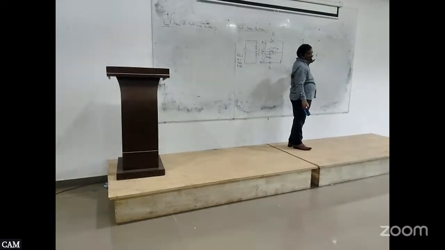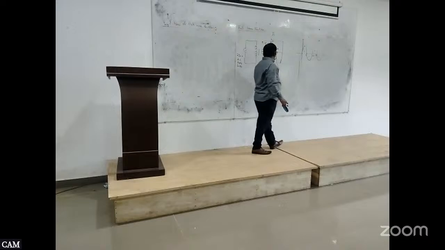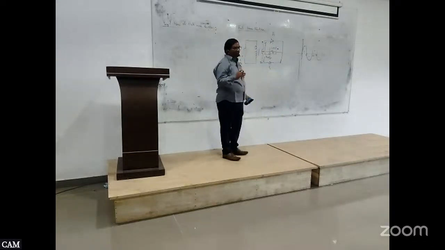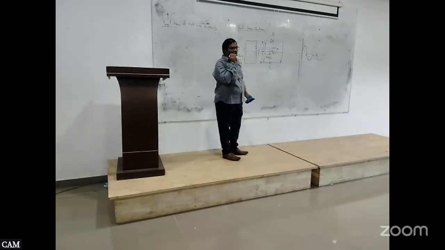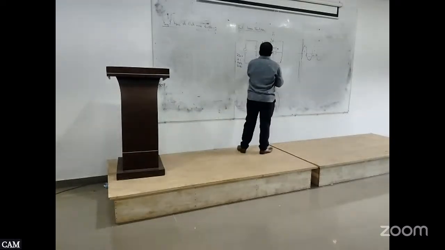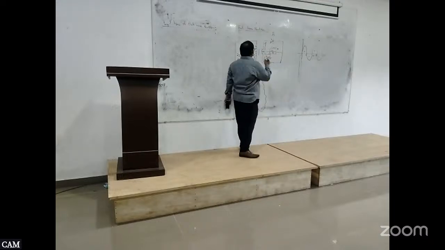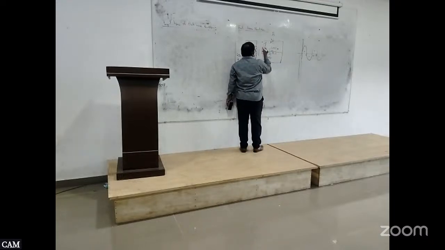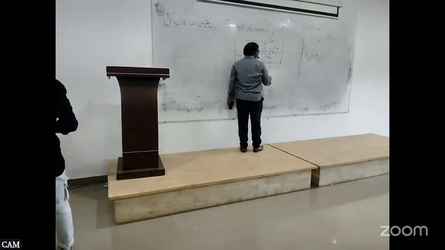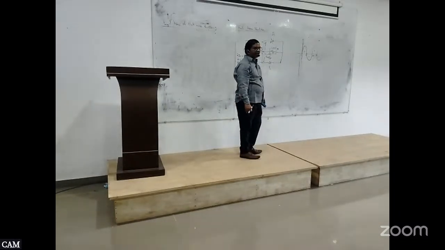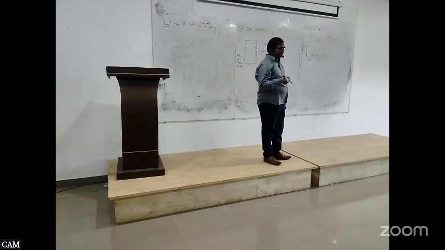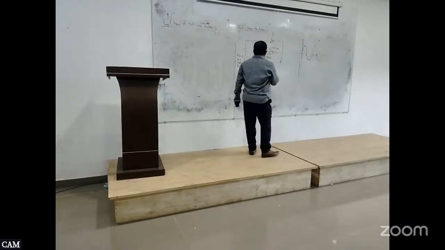During the positive half cycle, what happens? This will become positive, this will become negative. The transformer secondary terminals will become positive and negative. So it means diode 1.